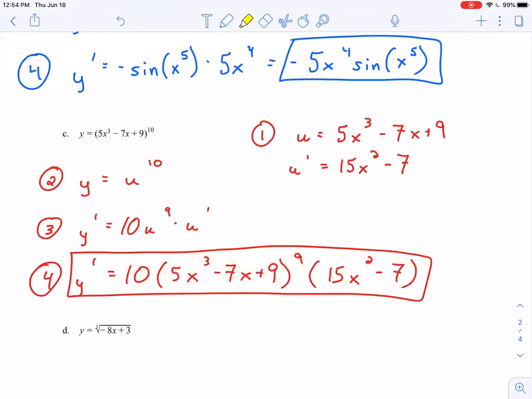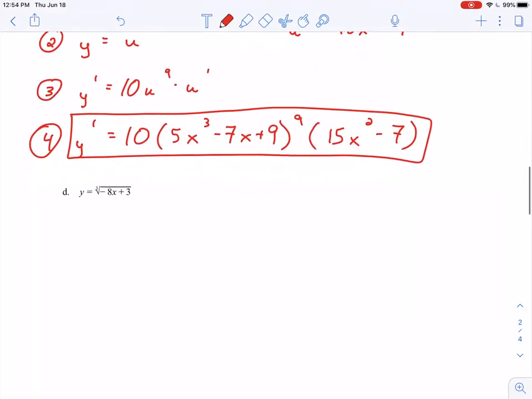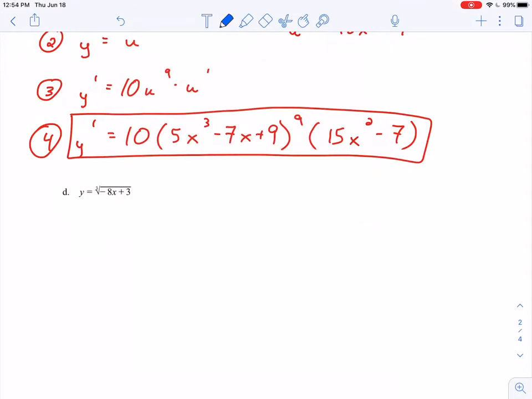I don't necessarily need to see you write out step 1, step 2, step 3, step 4 every single time. If that's how you feel comfortable doing these problems, then go ahead and continue to do that. But if you want to take a faster route, we can also say, this one right here is going to be a little bit problematic, because I have negative 8x plus 3 and I don't really have parentheses to help me choose.